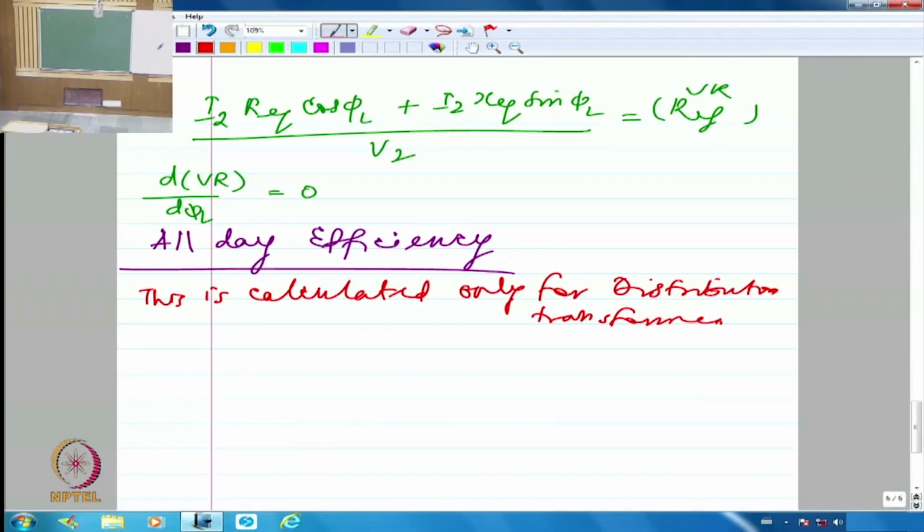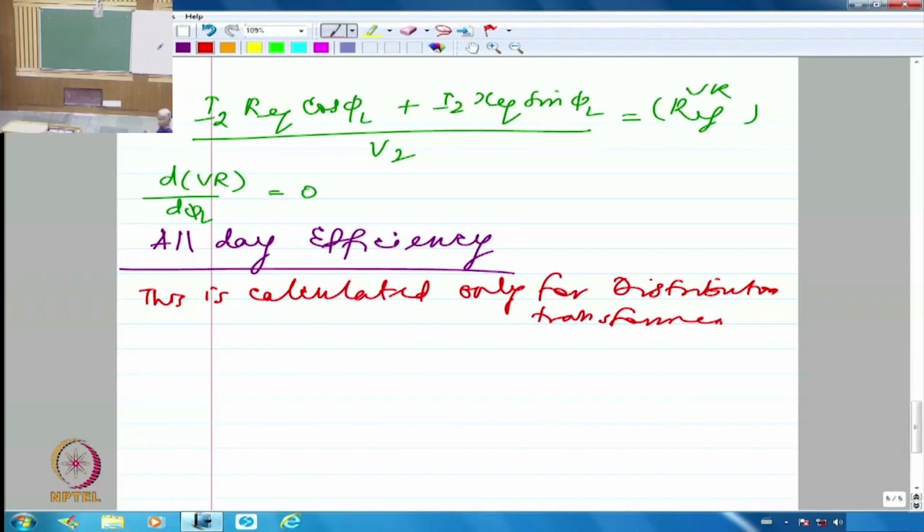So if it is generating full power, the transformer will also be handling full power. The generator transformer or power transformer will be designed in such a way that it will always have maximum efficiency at 100% load, whereas a distribution transformer will always have variable load.